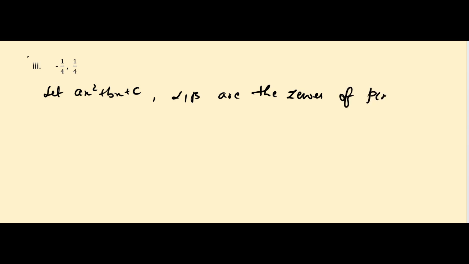Next question, minus 1 by 4, 1 by 4. Again, let us take, let ax square plus bx plus c be the given polynomial, and alpha comma beta are the zeros of the polynomial. I will write it as p of x. Here the sum of zeros, which is equal to alpha plus beta, is equal to minus b by a.